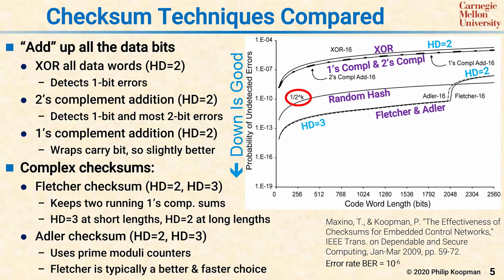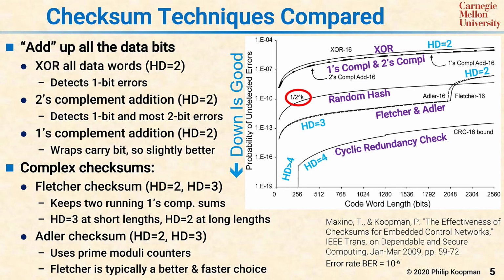While this seems appealing, the loss of the extra values impairs the error detection ability, and it ends up being that the Adler checksum does not actually give you substantially better performance, and in some cases it's a little bit worse. And especially considering the additional complexity of the calculation, it's almost never worth using an Adler checksum. If you want to use this type of checksum, you should be using a Fletcher checksum.